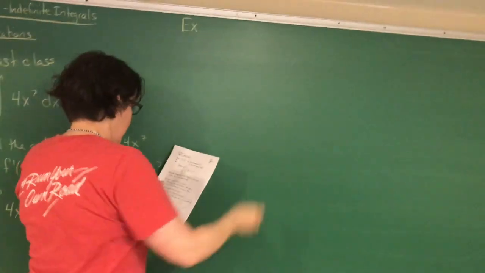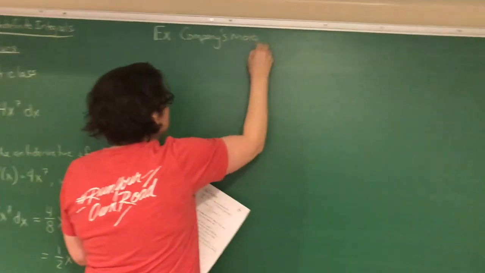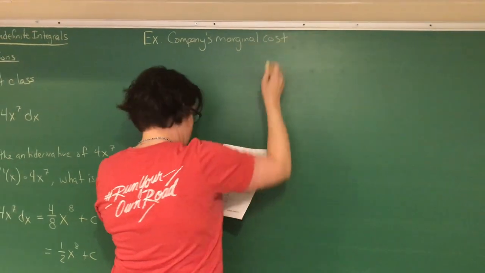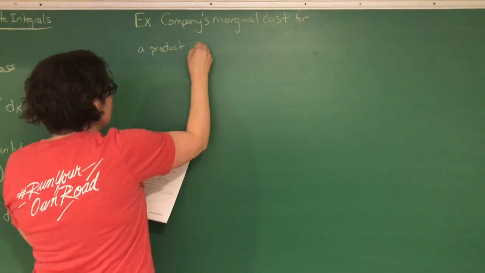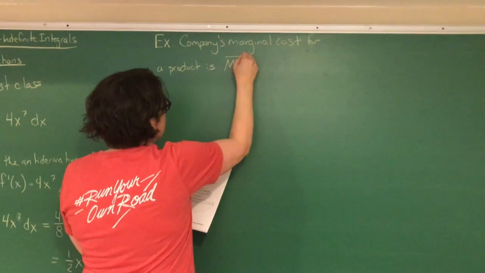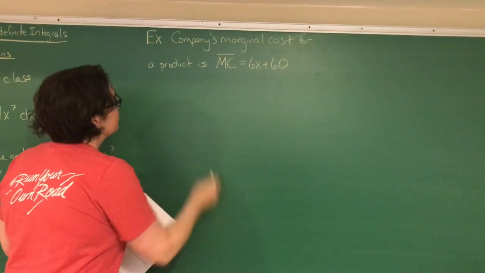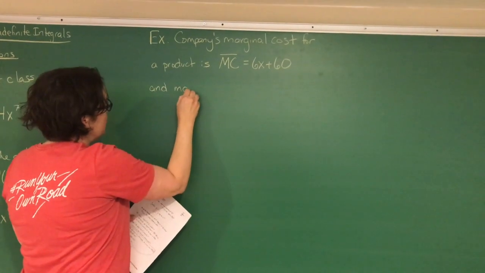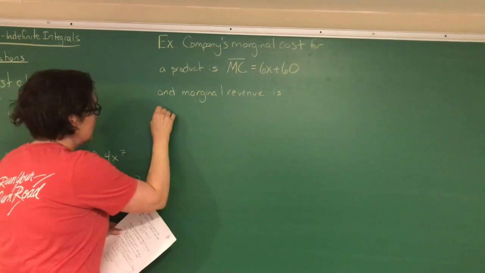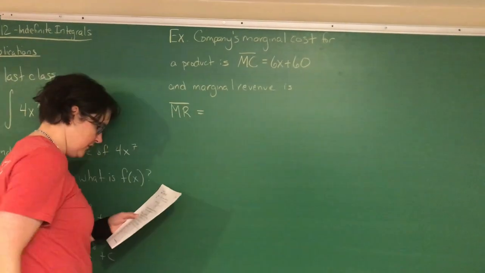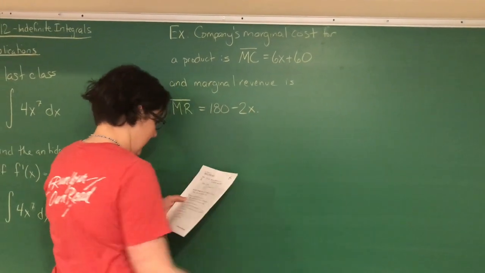So in this example, we are told that the company's marginal cost for a product is MC, which stands for marginal cost, equals 6x plus 60, and marginal revenue is MR, which stands for marginal revenue, equals 180 minus 2x.